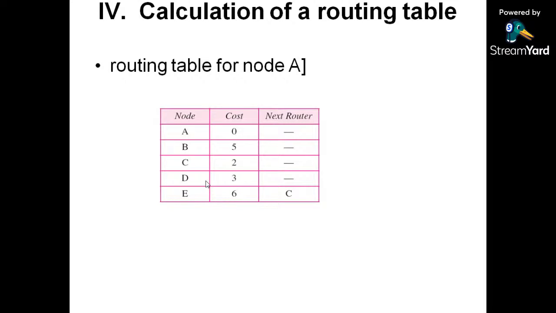Now for E, the cost is 6 through C. So the next router is C, which is connected to node E. So this is the routing table for node A.